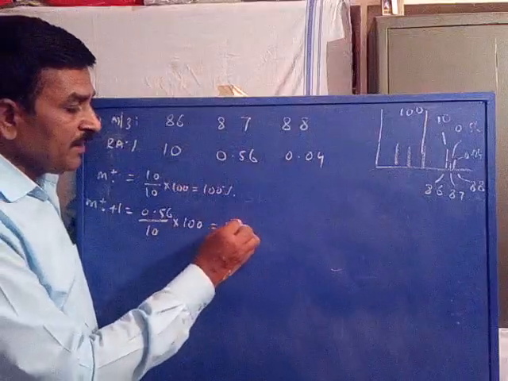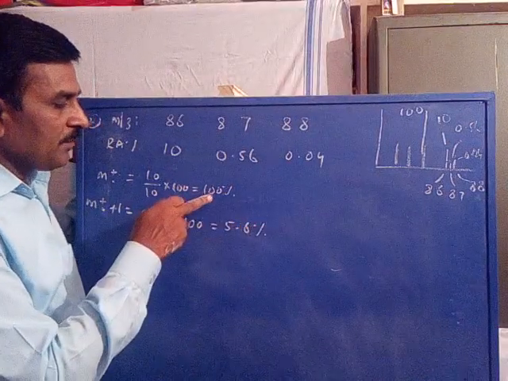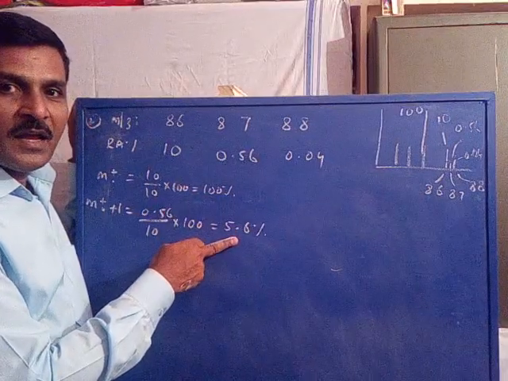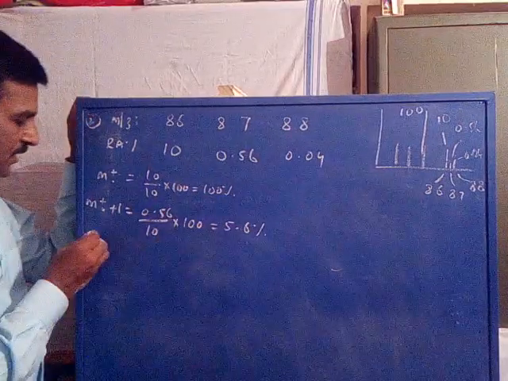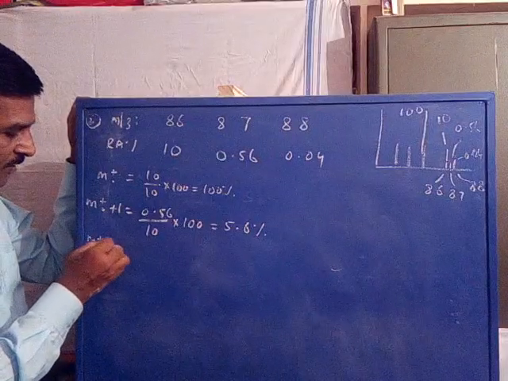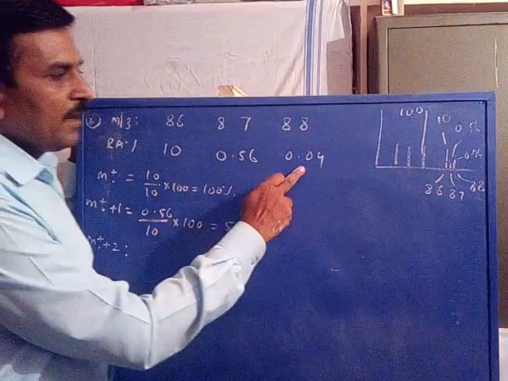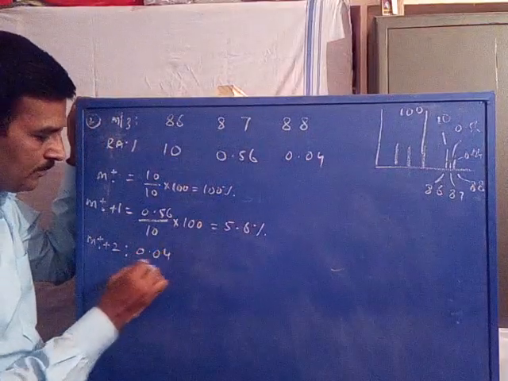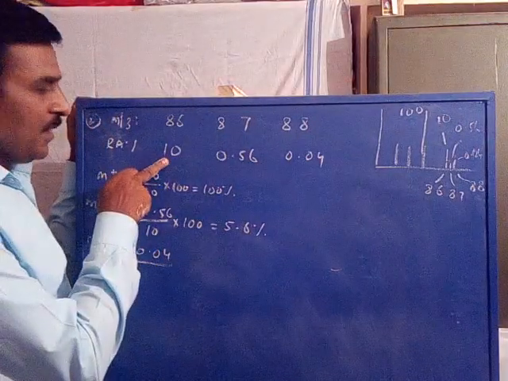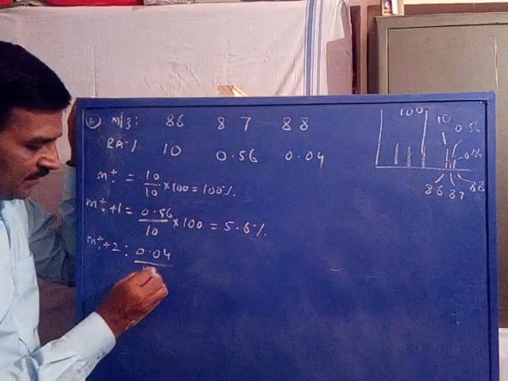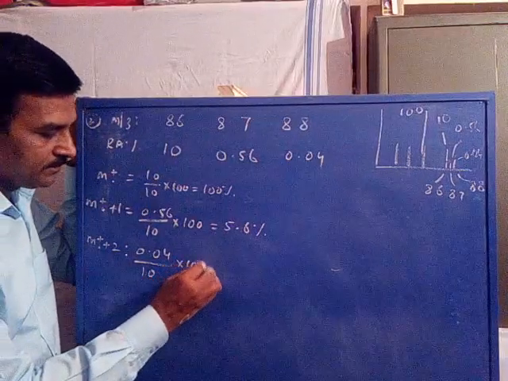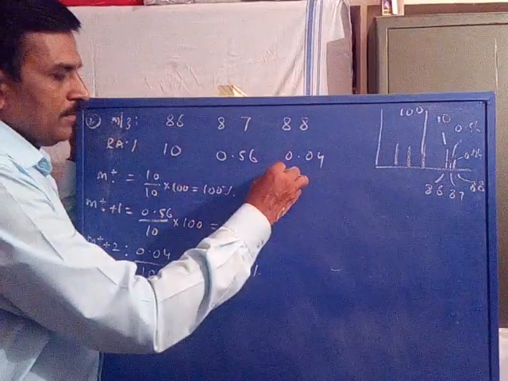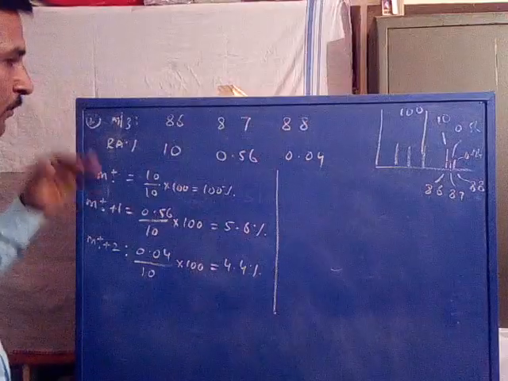It becomes 5.6%. So when the molecular ion signal appears as 100%, the +1 signal must appear as 5.6%. Similarly, the molecular ion +2 signal original intensity is 0.04, divided by the molecular ion intensity 10%, into 100. It becomes 0.4. Now you can observe.